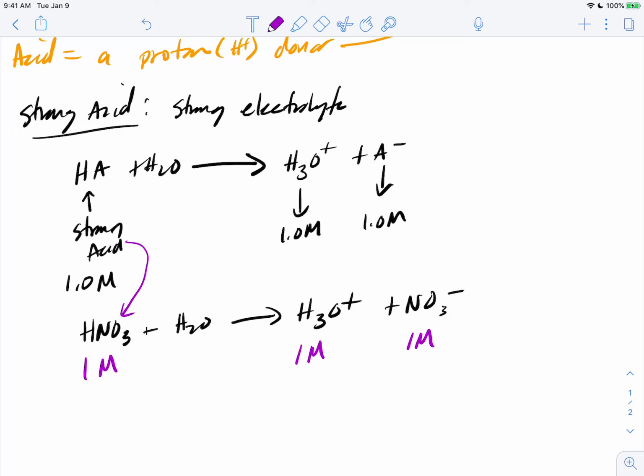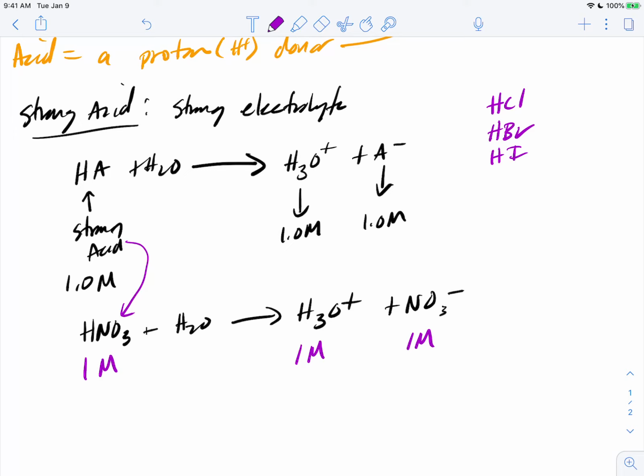The strong acids that we need to know about in this class are HCl, HBr, and HI. Those are your three halogen-based binary acids. We don't actually have HF.